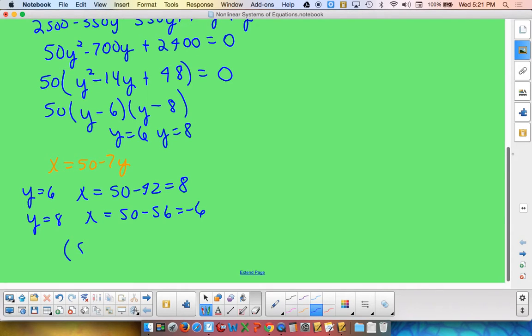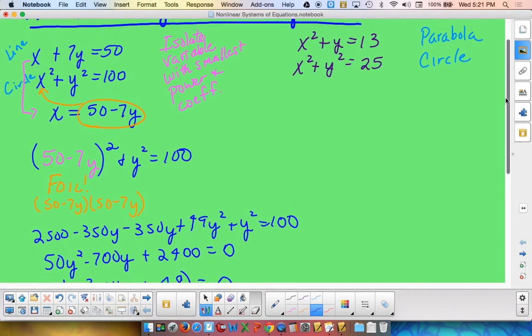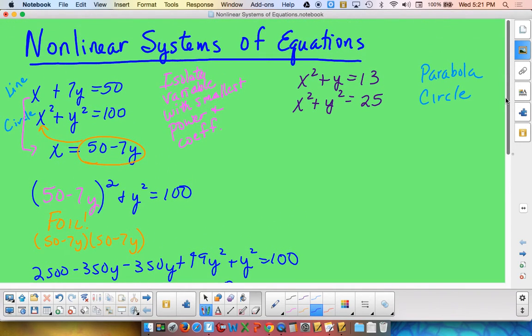So the top one would be the coordinates 8, 6, because x has to come first. The other one would be negative 6, positive 8. And those would be your two solutions and your two intersection points. Sometimes these can intersect more than 2 times, so don't be surprised if that happens. That was a pretty standard substitution problem. Key thing there in the middle was foiling it.